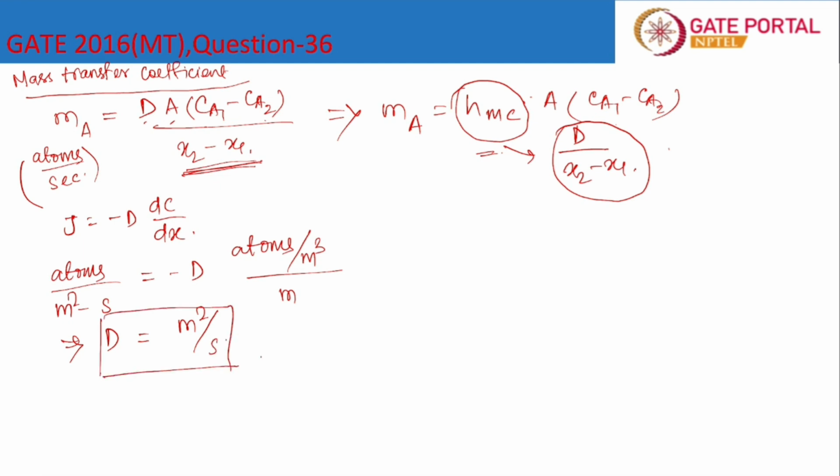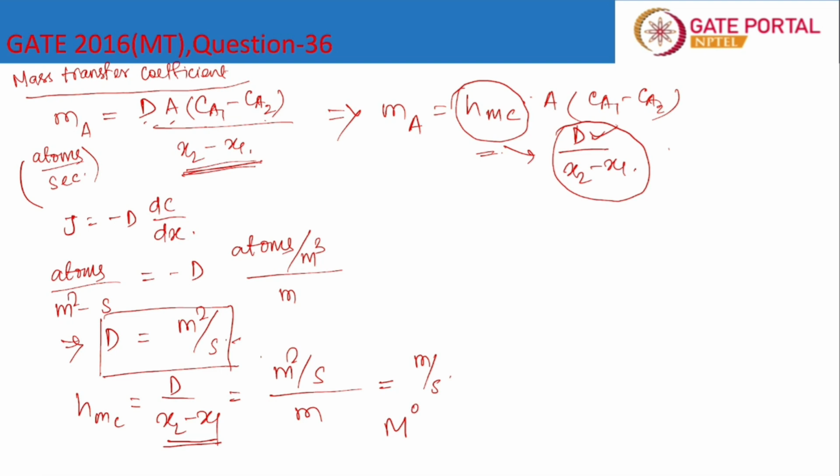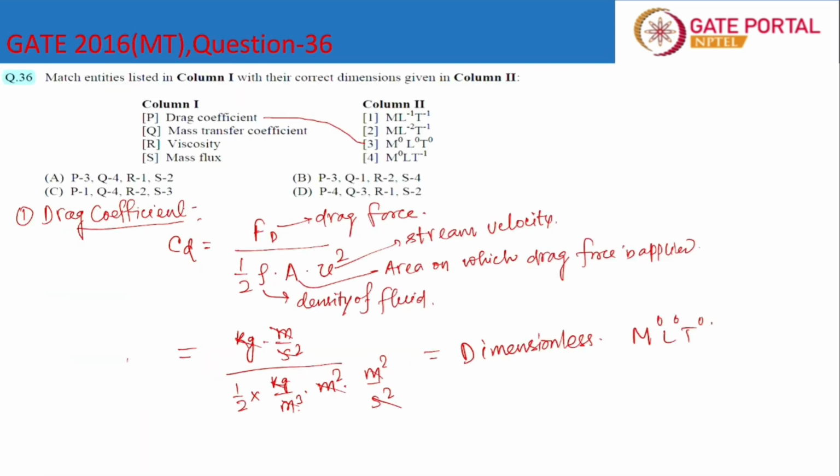So now I will just put this D value here. So what will be the units of mass transfer coefficient? That is D by x2 minus x1 is equal to meter square per second divided by x2 minus x1, that is basically distance, so meters. So this becomes meter per second. So that means m0 L1 T minus 1. This one.